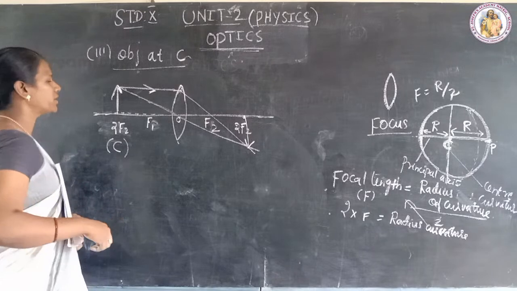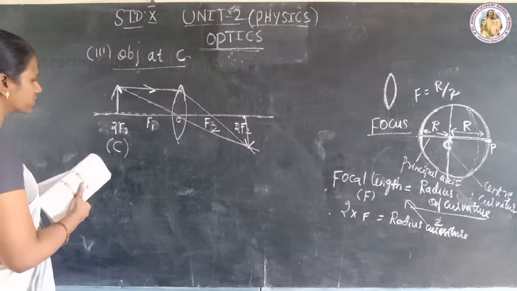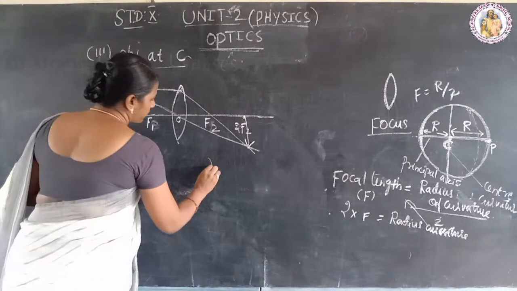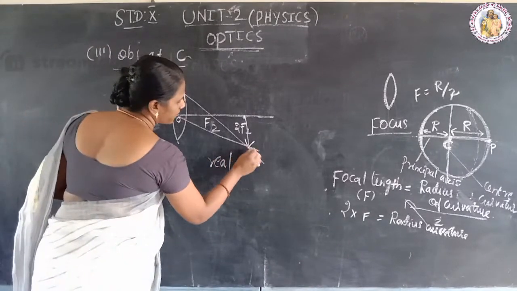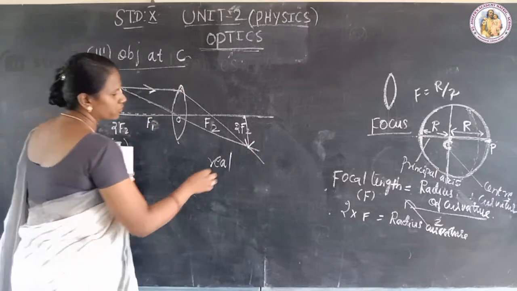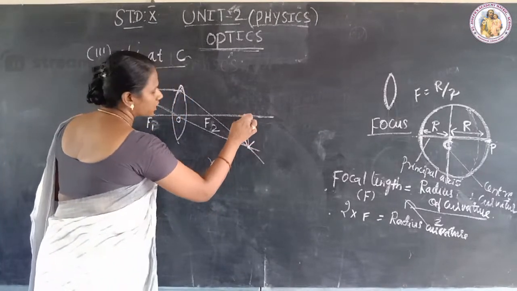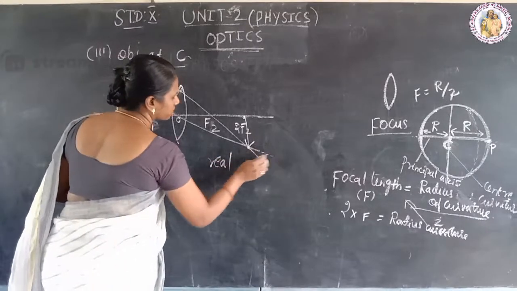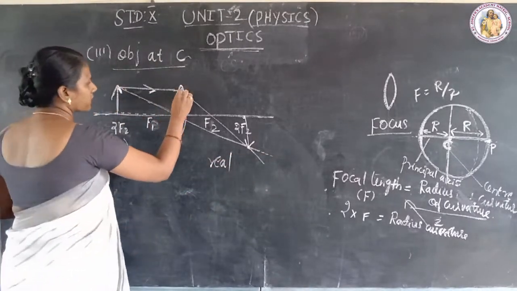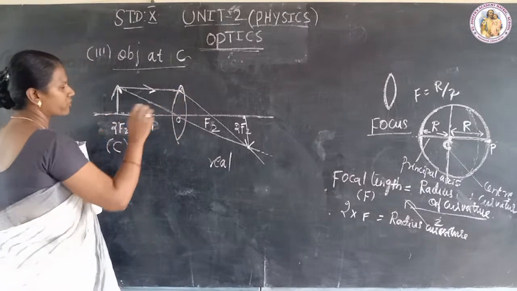So here the image is formed. கண்டிப்பா நீங்க ray diagram வரையும்போது என்ன பண்ணுவோம்? இந்த 2 rays எங்க intersect ஆகுதோ அங்க தான் image வரையணும். Then here also there must be bending. எங்க bending பண்ணுவோம்?